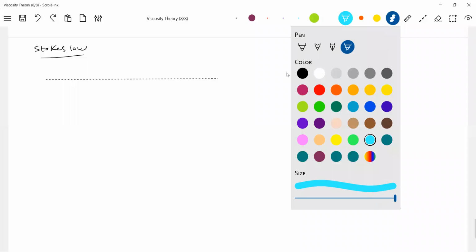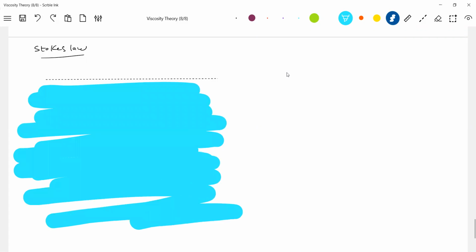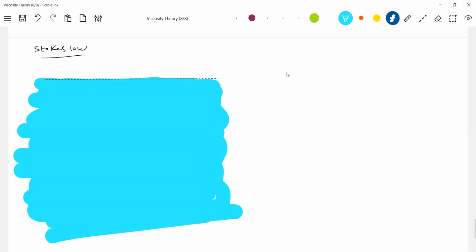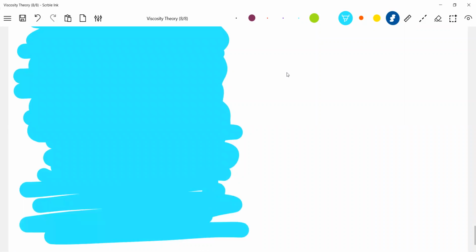Okay, now Stokes' law, what happened? He has proposed like this. So if you have a liquid, okay, there's a viscous liquid. I'm not giving the exact boundary.